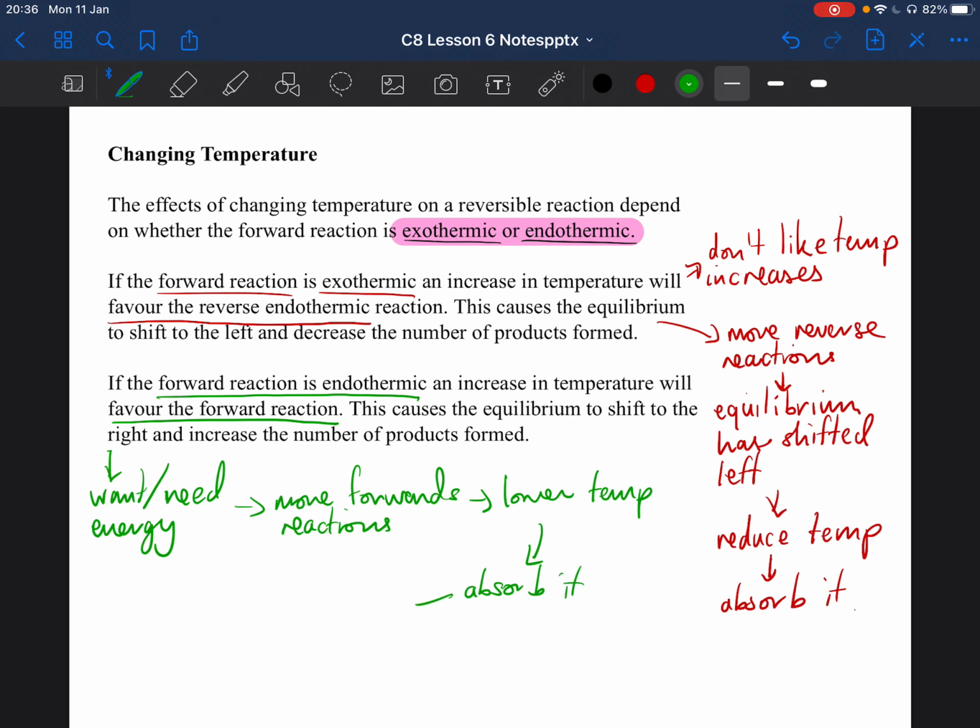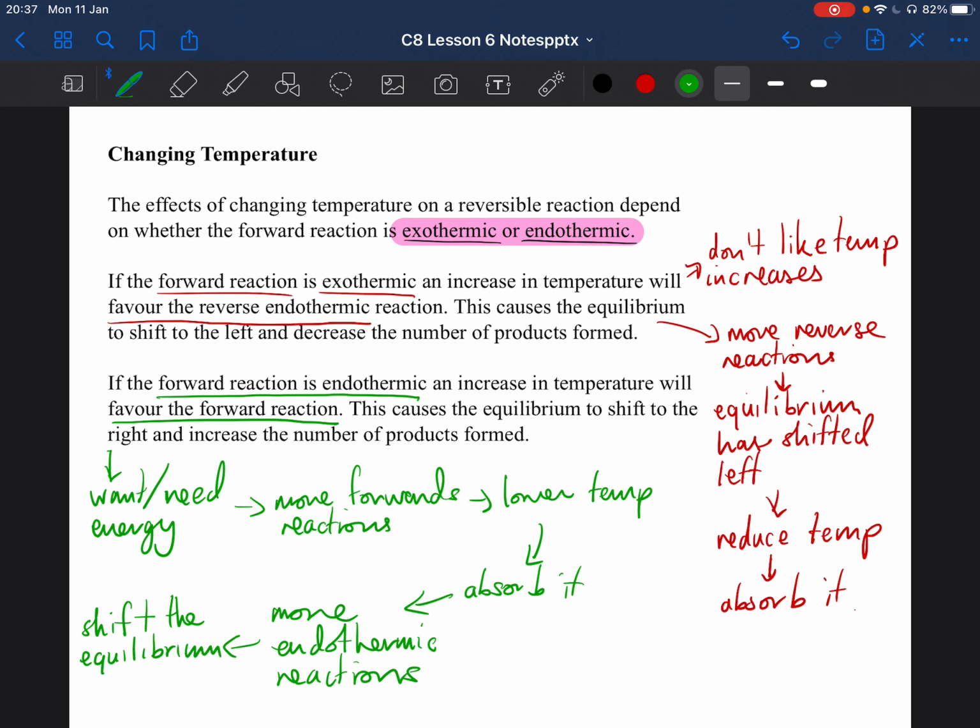If we are absorbing the temperature, we want more endothermic reactions. And the only way to have more endothermic reactions is to shift the equilibrium right and favour that forward endothermic reaction.